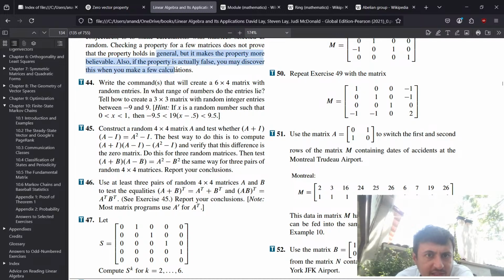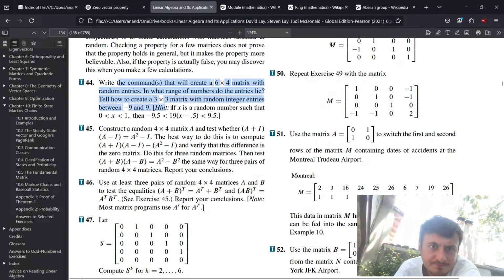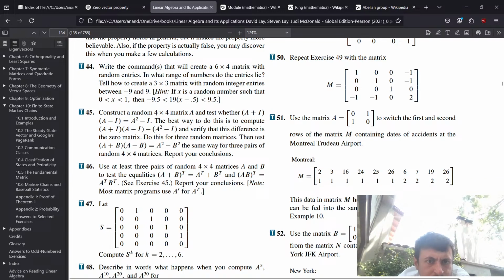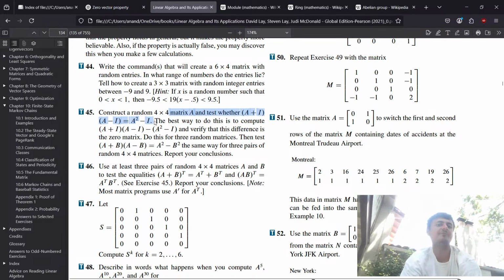If the property is actually false, you may discover it when you make a few calculations. Okay. Ooh, that one seems fun. 45 we might do.